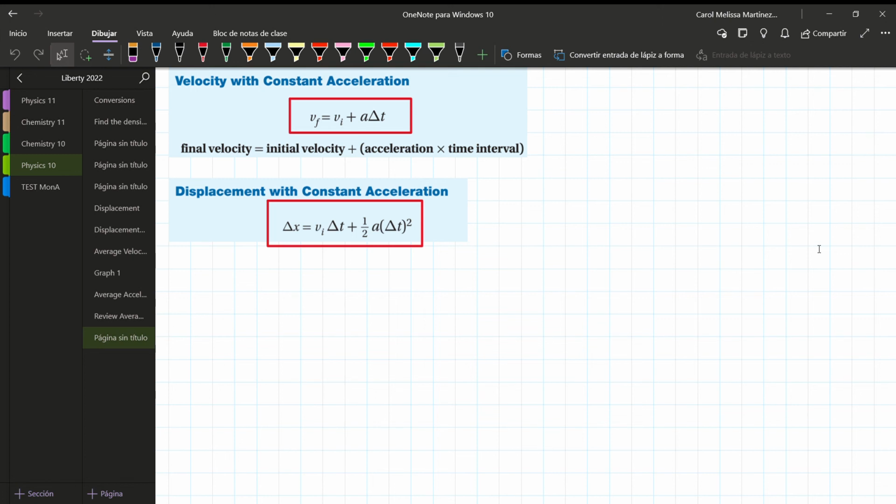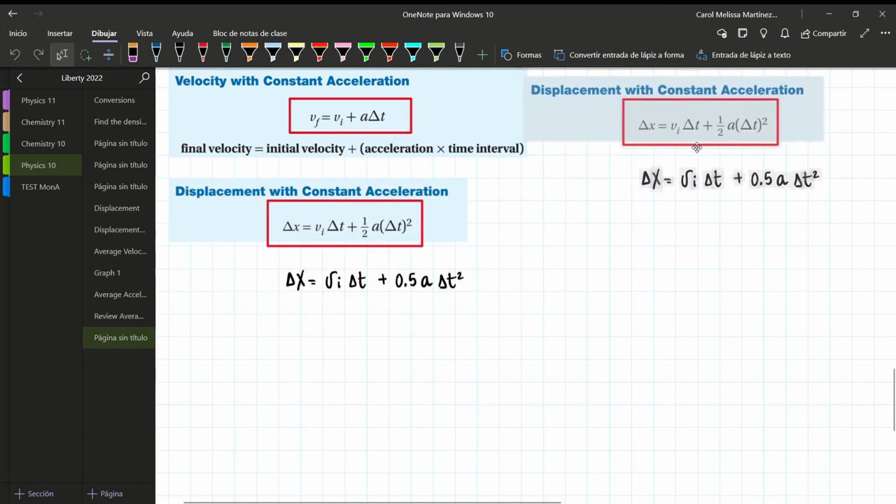So I prefer that you use the decimal number, 0.5. These equations are to find displacement or velocity. Delta x is equal to the initial velocity times the time plus 0.5 acceleration delta t squared. And the other equation is final velocity equals initial velocity plus acceleration times time.